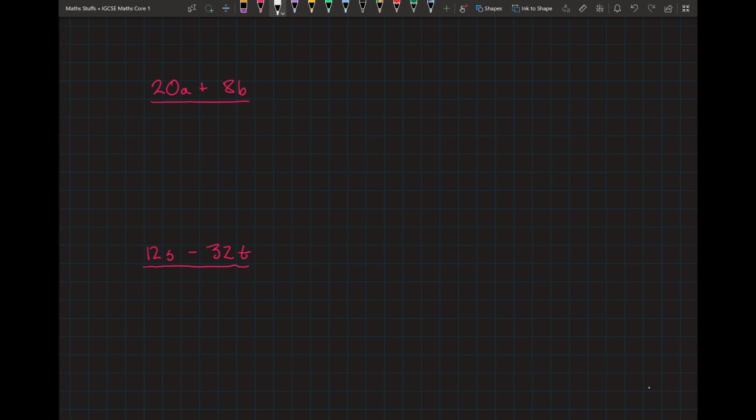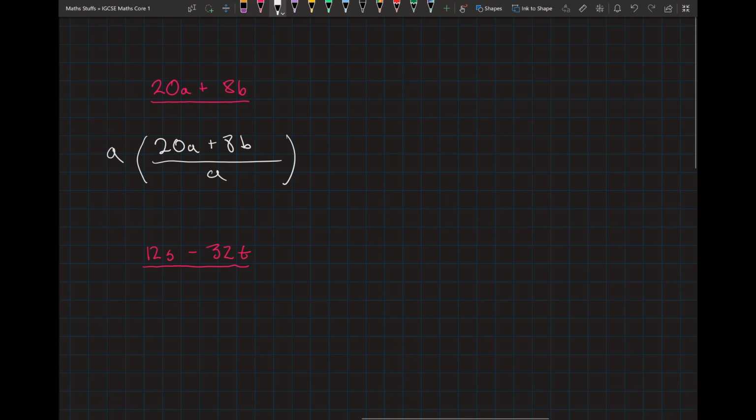So if we've got 20a plus 8b and we want to pull the a out, that means we have to divide the whole thing by a. But then, because, like I said, this is an expression, not an equation, we also have to multiply the whole thing by a.